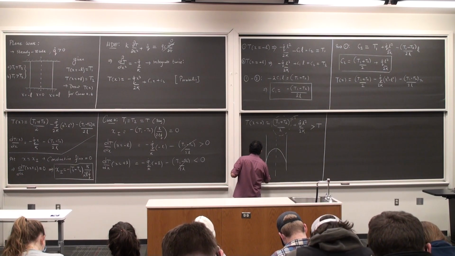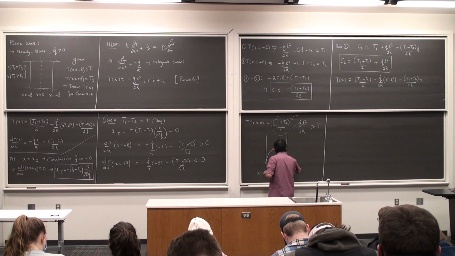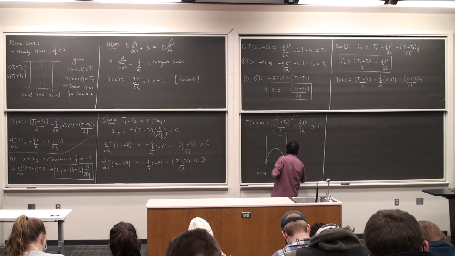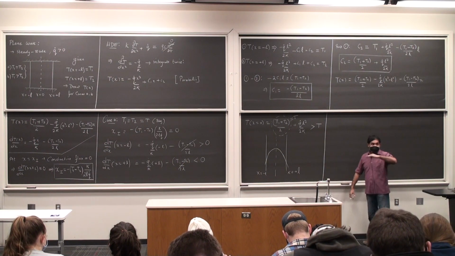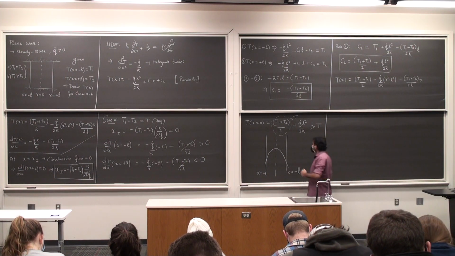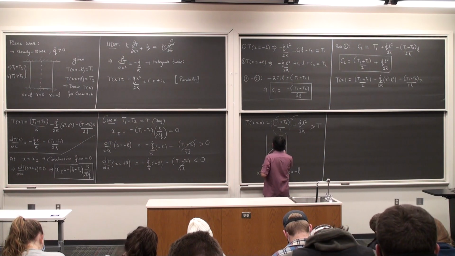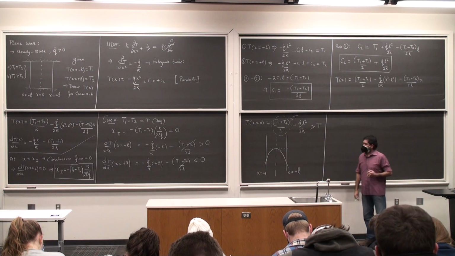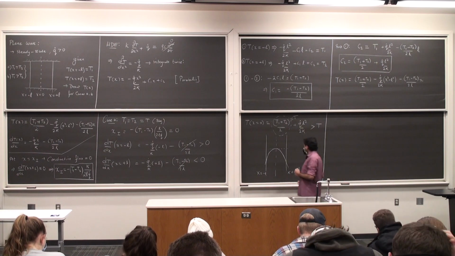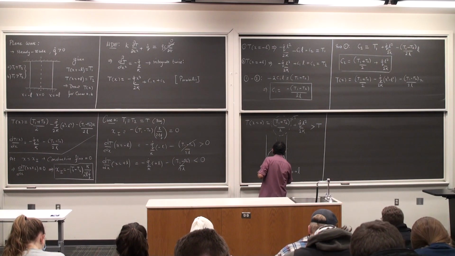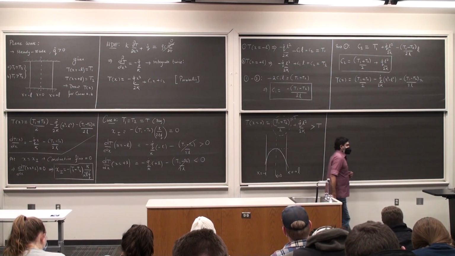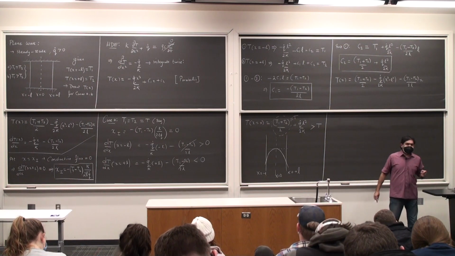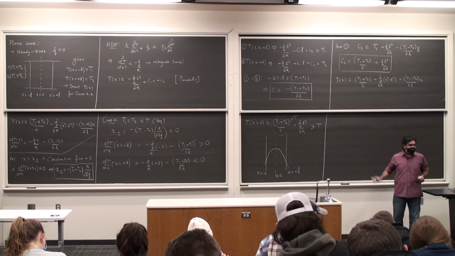Positive slope. Negative slope. And at x equal to 0, the slope is 0. This goes back to the question that one of you had asked me last time, things that are 0, right? It makes sense.